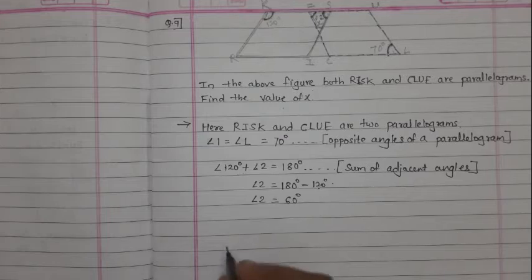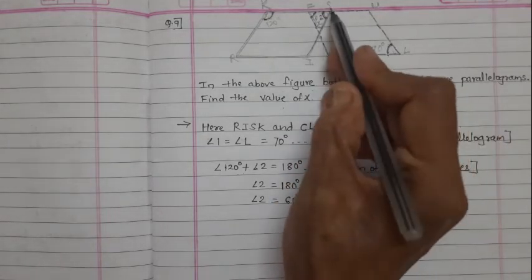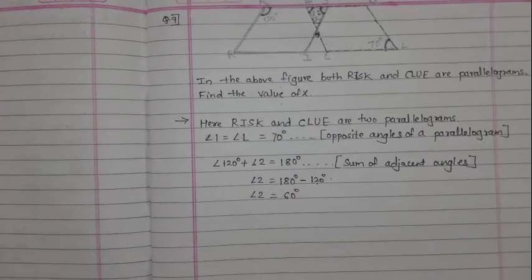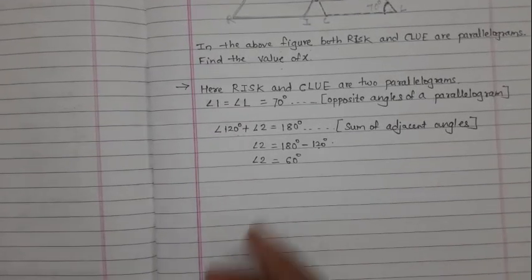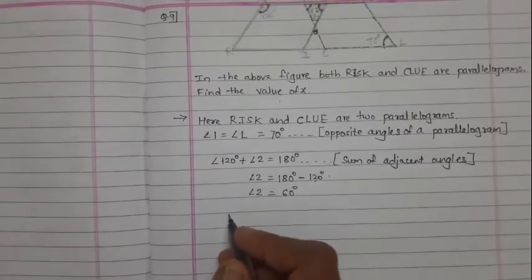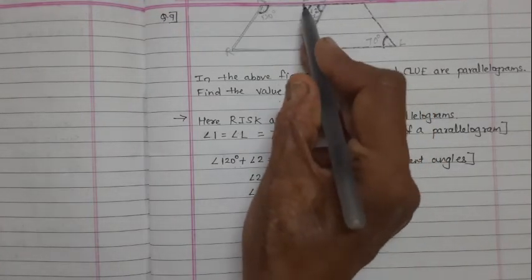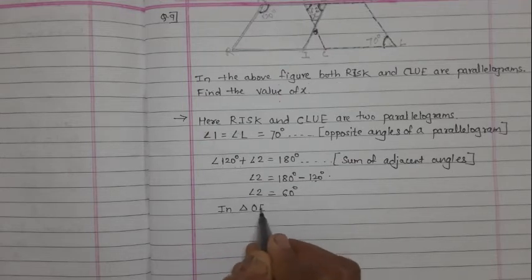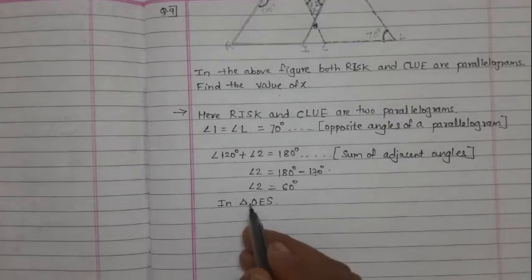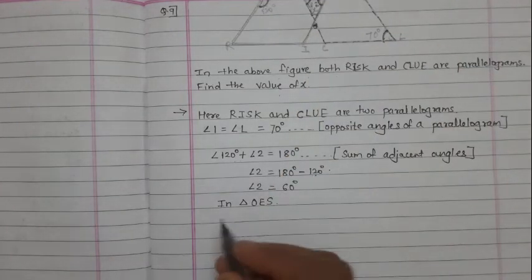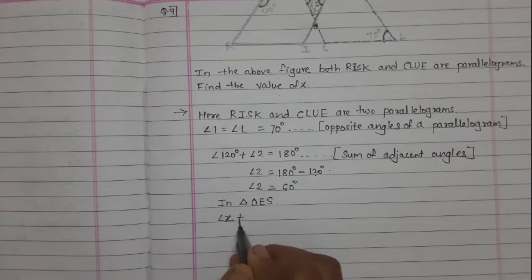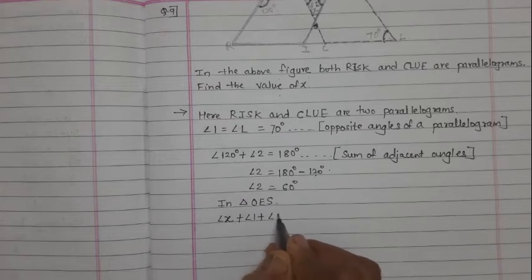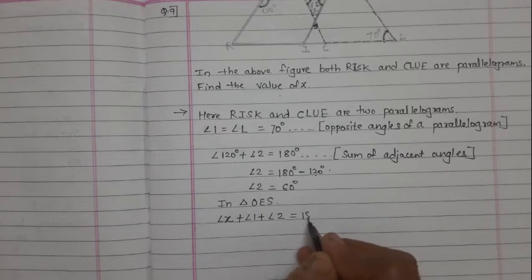Now in triangle OES, this is O. Now in triangle OES, angle X plus angle 1 plus angle 2 is equal to 180 degree.